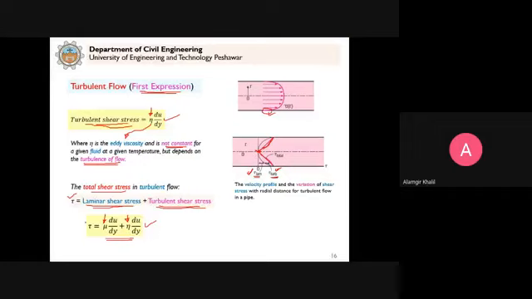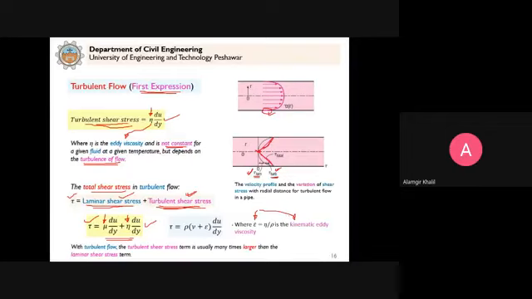So that is why the total shear stress in the case of turbulent flow is the laminar shear stress plus the turbulent shear stress. But remember, when we solve a problem, you will see the value of the turbulent shear stress is much, much larger than the laminar shear stress. You can express this shear stress equation in this form, where epsilon is known as the kinematic eddy viscosity.